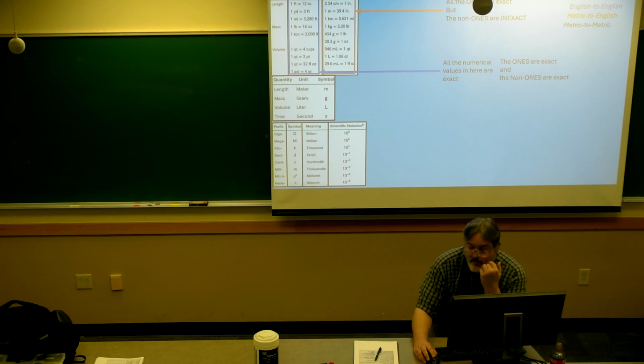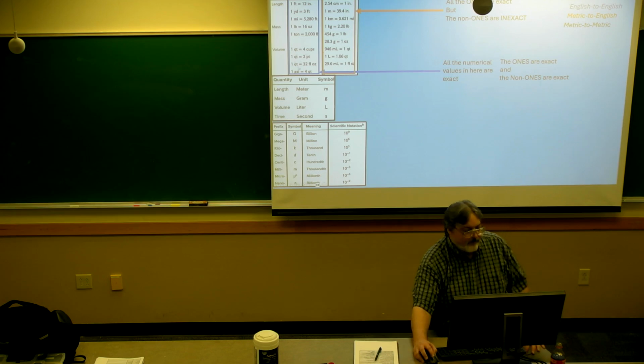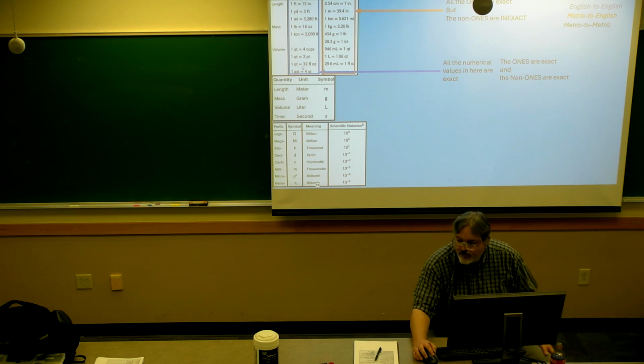Of course, we use the meter in science. I call this English. This is sometimes called standard. So these are the standard measurements or the English measurements. And it's showing you the conversion between all these. You probably learned all these in grade school, at least most of them. One quart is 4 cups, that type of thing. 1 gallon is 4 quarts. All right, English to English.